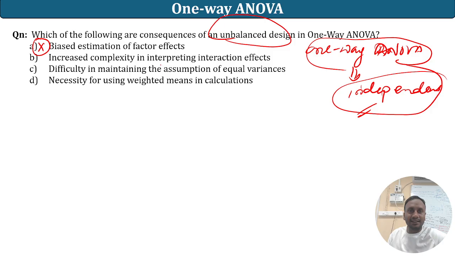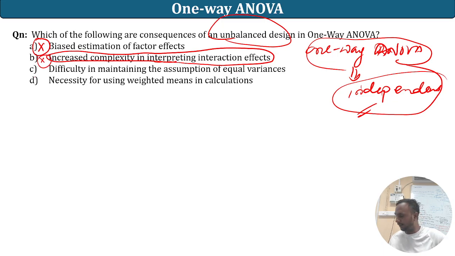Increase the complexity in interpreting the interaction effect. I told you in one-way there will be no interaction effect coming into the picture unless we're going to do repeated measures and all. This also is not going to play a part. What is the answer? A and D. Option C: difficulty in maintaining the assumption of equal variances.